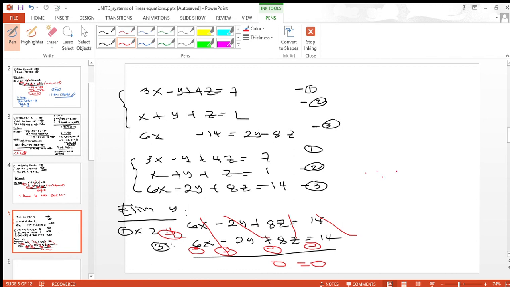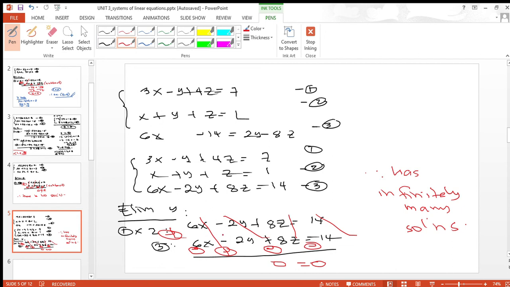So if this is now the case, you get 0 equals 0. Your conclusion here is the system has infinitely many solutions. Why? If you will notice, we obtained here two equations that are exactly the same.